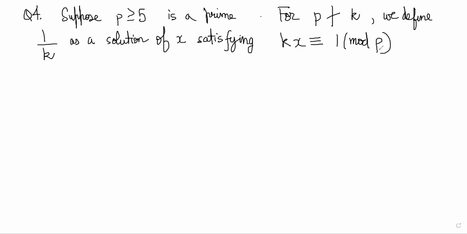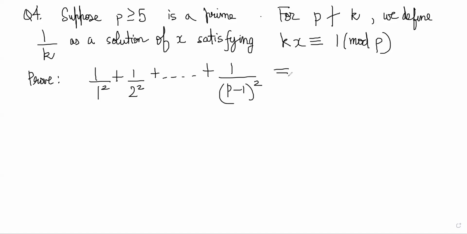Now what we have to show here: prove that 1 by 1 square plus 1 by 2 square plus up to 1 by (p minus 1) whole square is congruent to 0 mod p. Okay, so that is the question.